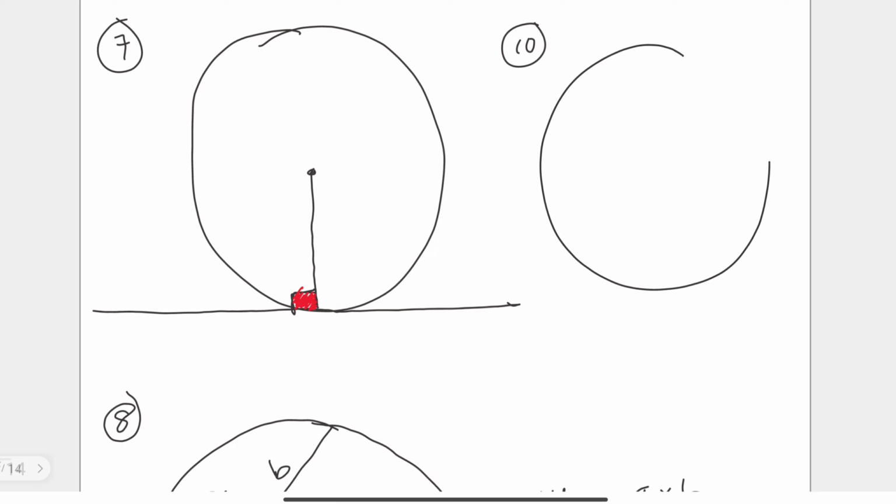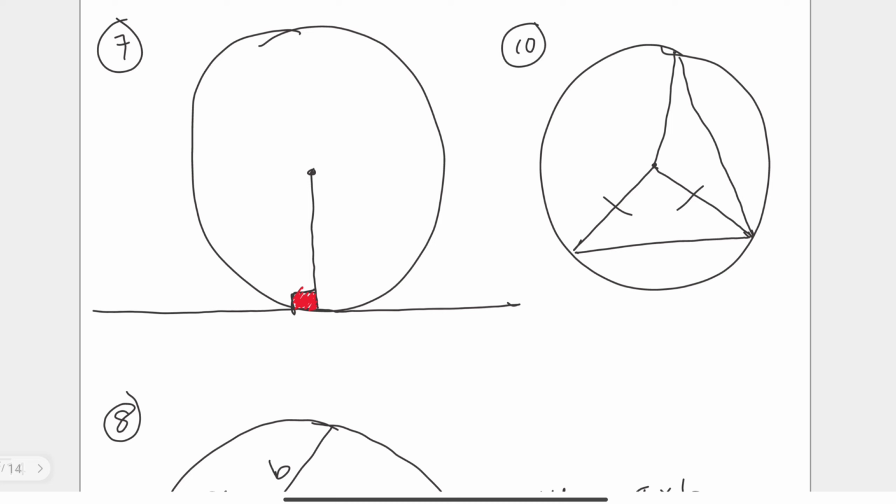When we have a circle bounded by 2 radii, it forms an isosceles triangle. So this side is the same as this, and this angle is the same as this angle. Make that rule number 10.